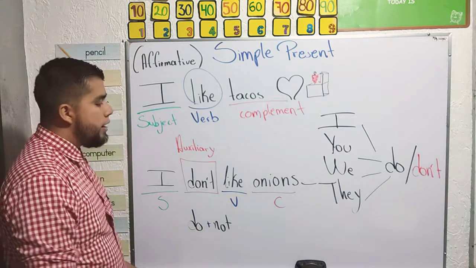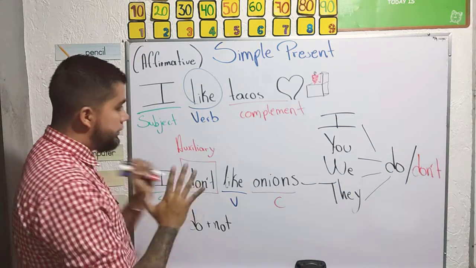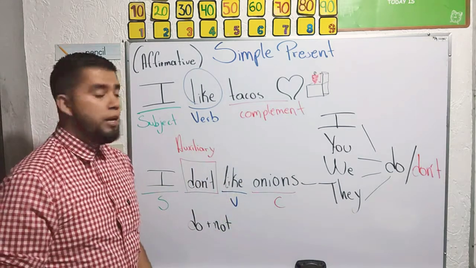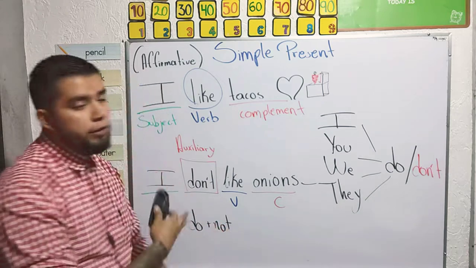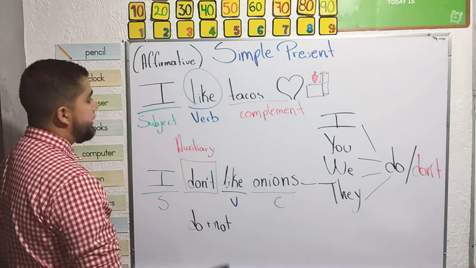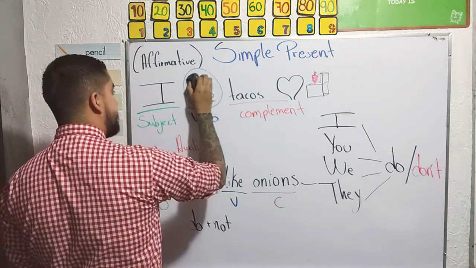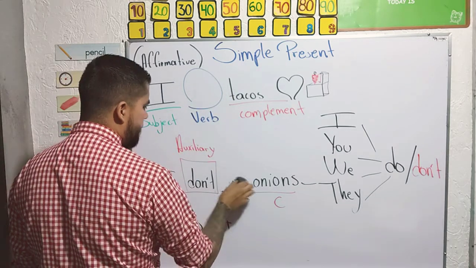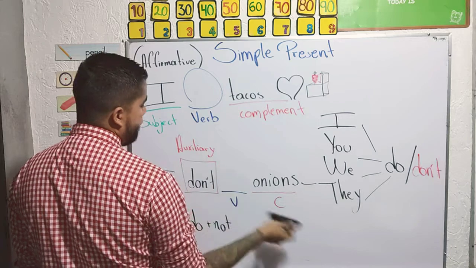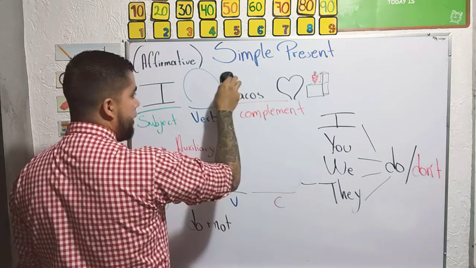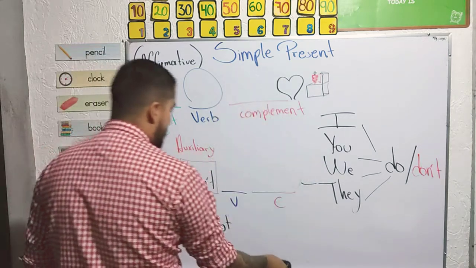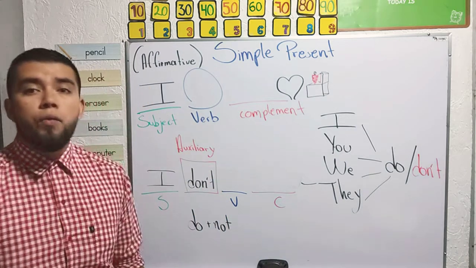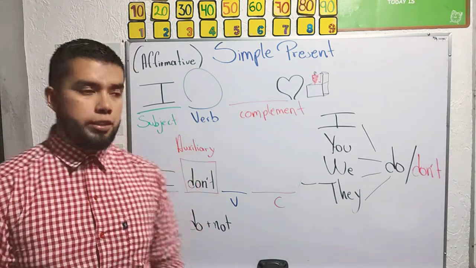That is the idea. Now, this is only with the verb like, but we have more verbs. We have hundreds of verbs. So I can eliminate all this and substitute it for a different verb. And obviously, with a different verb, we need a different complement. So, another action. Remember, the verbs are actions.